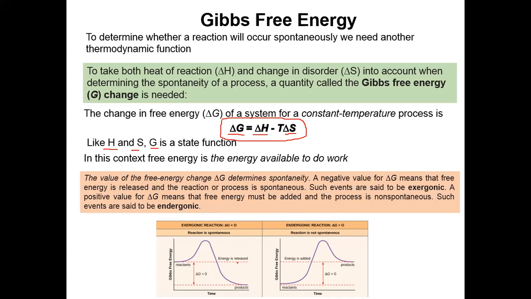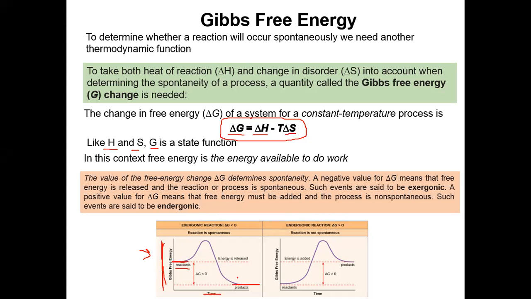So if we look at this picture here, this is the Gibbs free energy, and this is time of the process, for example. And you can see at the beginning, reactants, right? So the energy of reactants is higher than the energy of products.